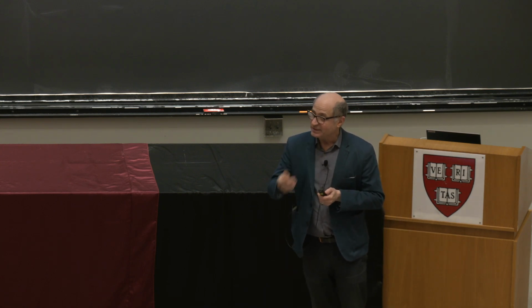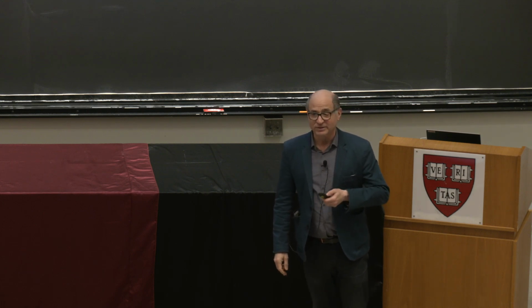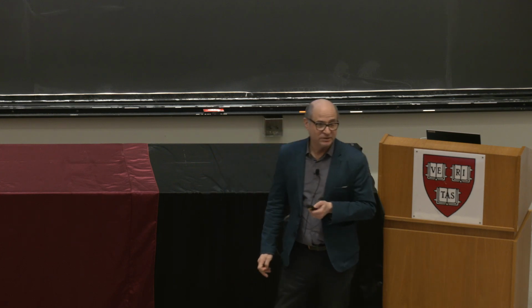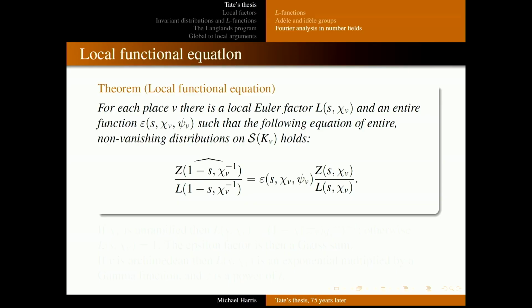So this is now the local functional equation, and this is the principal innovation of Tate's thesis. Of course, he also innovated the proof of the global functional equation, but he was not the only one. Iwasawa did that as well.